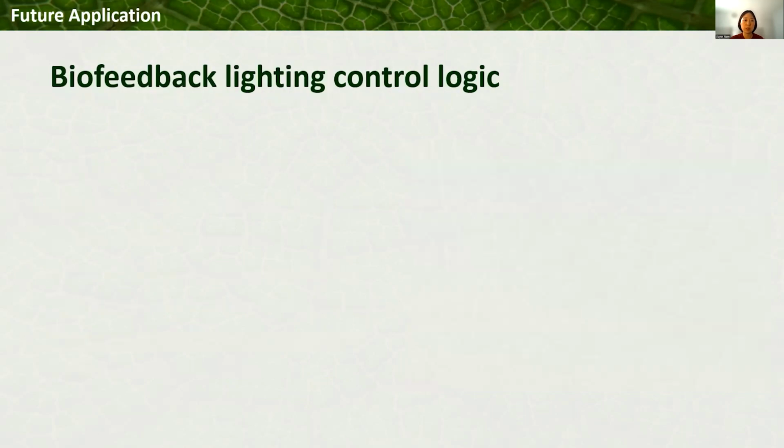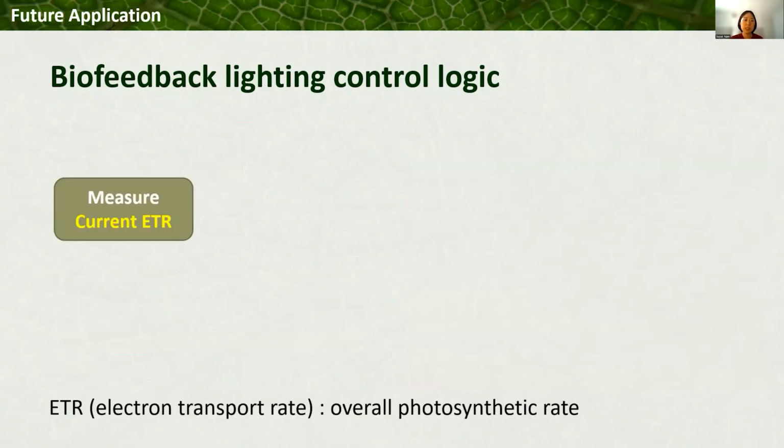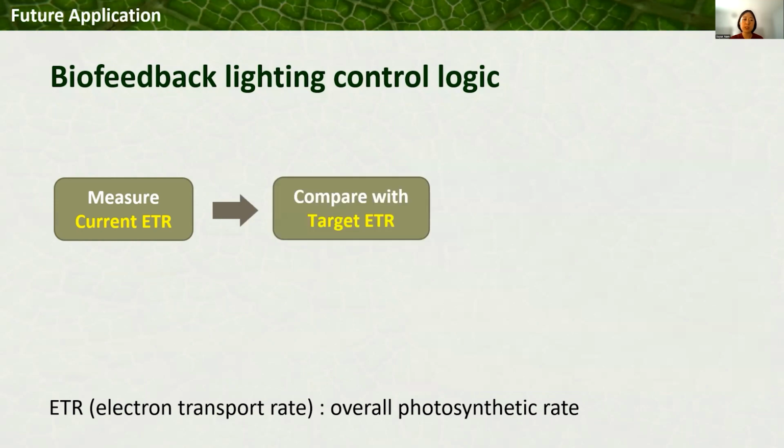So lastly, I want to show the basic biofeedback lighting control logic. This is very simple. Let's say I want to use ETR instead of quantum yield, because ETR can also be regarded as the overall photosynthetic rate in the light reaction. So measure the current ETR and compare it with the target ETR.